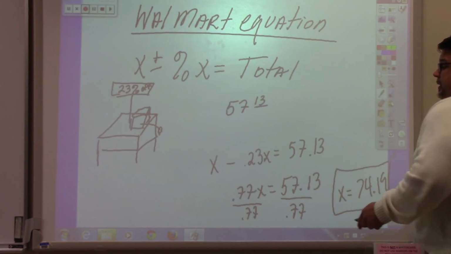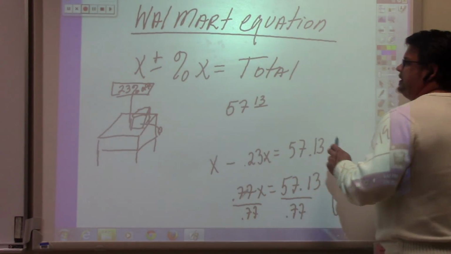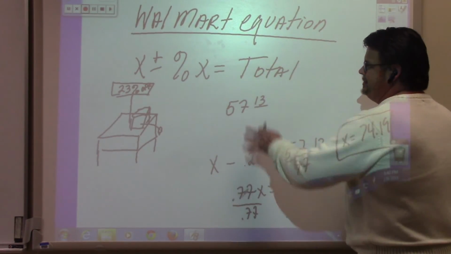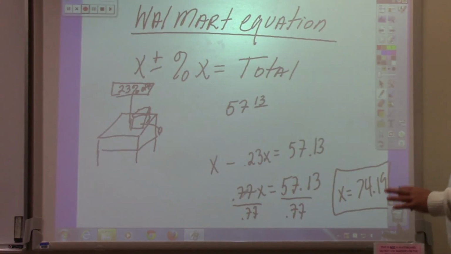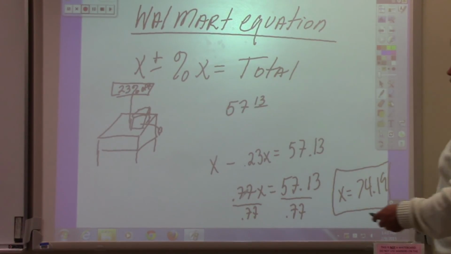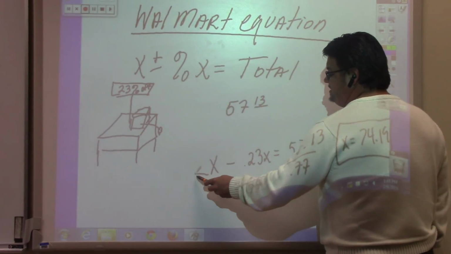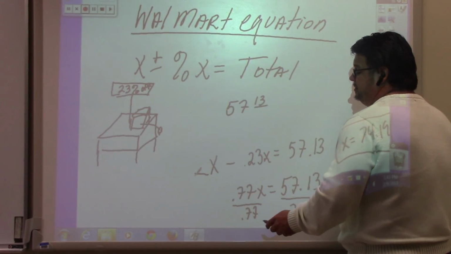Now, where did this 0.77 come from? Whenever I teach this type of problem, or whether I'm teaching an algebra problem, that's what this is, I always get asked, where did that 0.77 come from? Well, go back and look. There's something in front, that's a zero. Let me ask you a question.